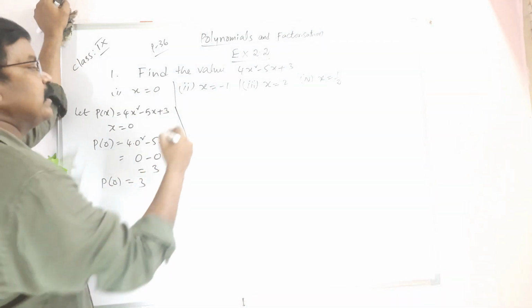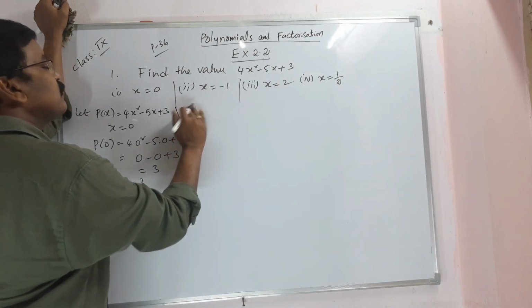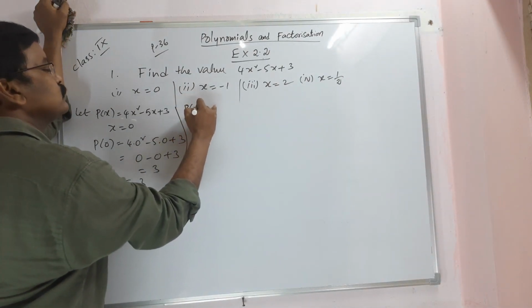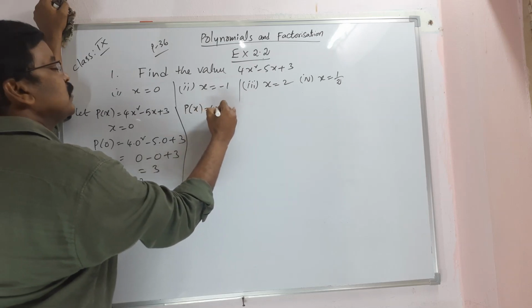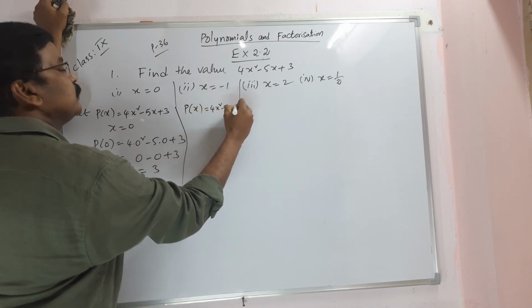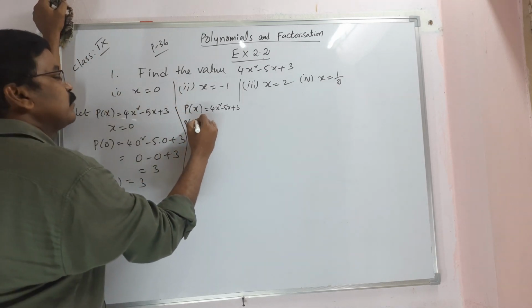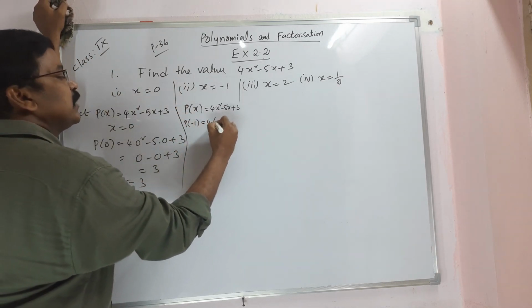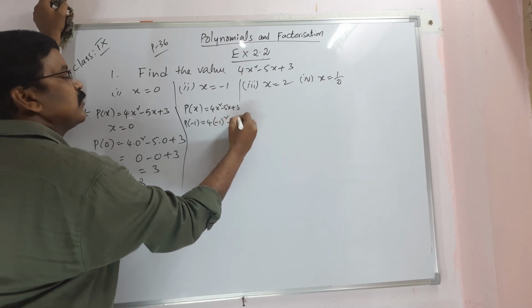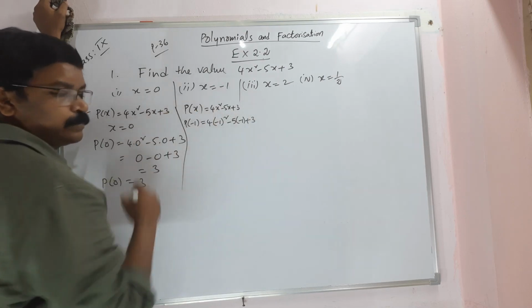Now at x is equal to minus 1. So P of x is equal to 4x square minus 5x plus 3, this is given. Now take x is equal to minus 1, that means P of minus 1 is equal to 4 times minus 1 whole square minus 5 times minus 1 plus 3.